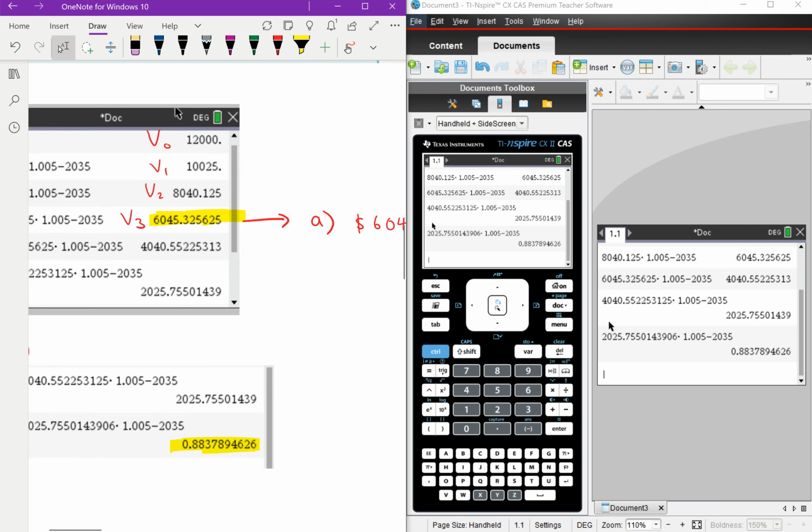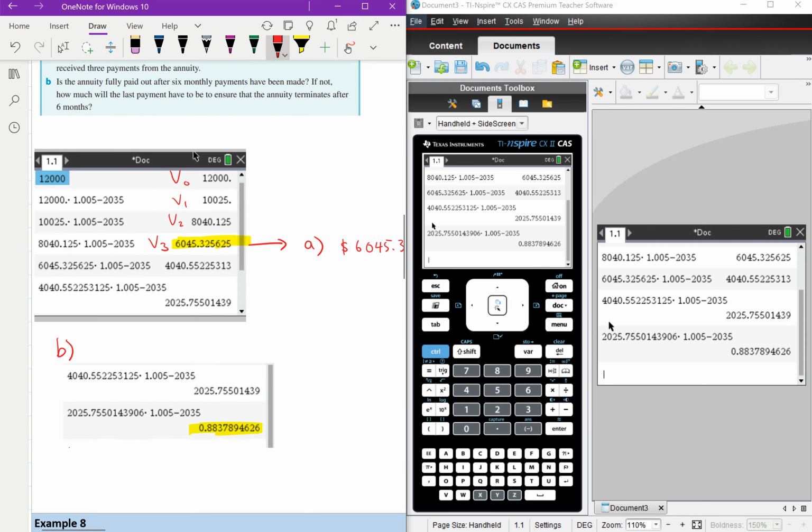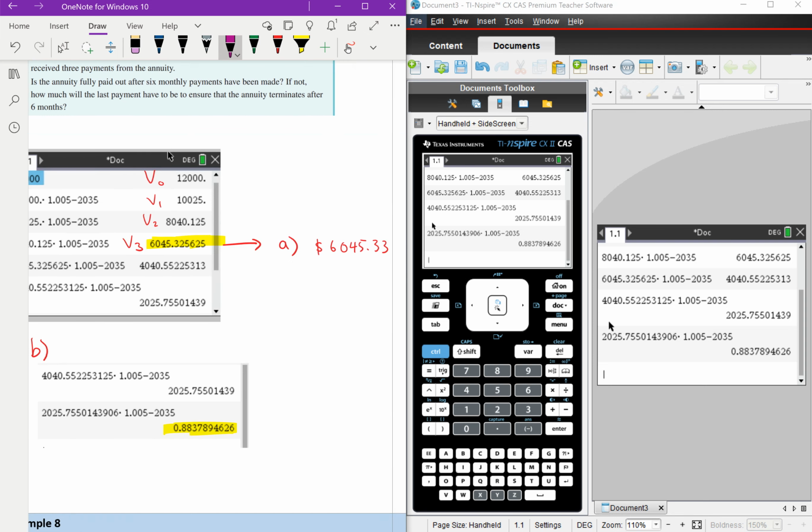So instead of doing another payment of 88 cents, they can't be bothered. They might as well just round up. Instead of $2,035 as their final payment, what they'll do in part B is make their final payment after 6 months. They can't pay you back in the 7th month because you only want it in 6 months, right? So by the 6 months, they still have that 88 cents, and in that final payment, instead of $2,035, they're returning it with the 88 cents they owe you.